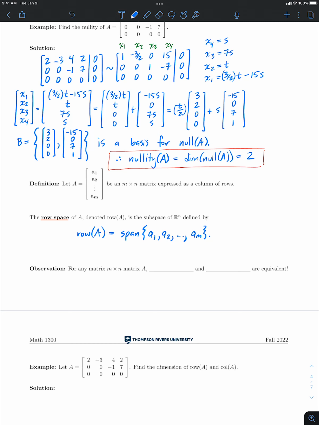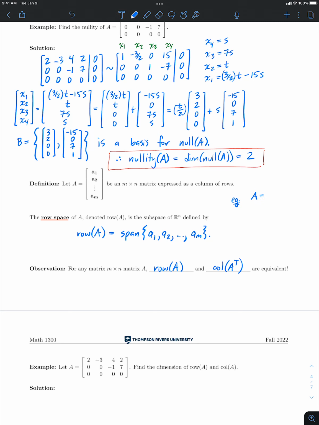It's worth observing that the row space of a matrix A and the column space of A transpose are the same subspaces. So for any m by n matrix A, the row space of A and the column space of A transpose are equivalent.